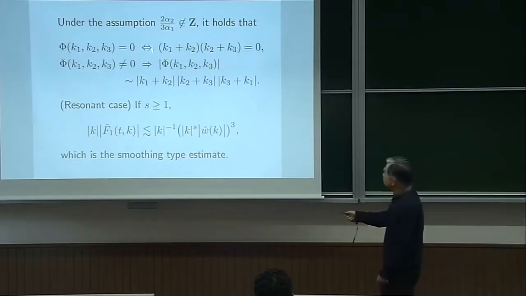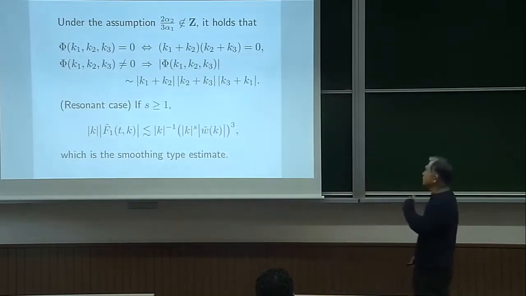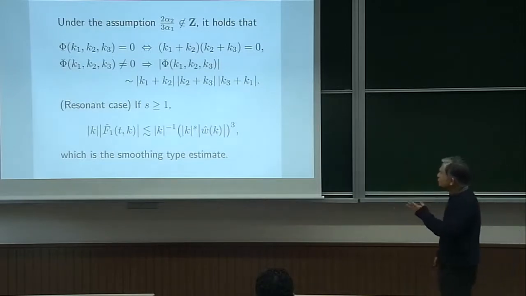So this relation implies we can gain extra derivative. That leads to the smoothing effect.